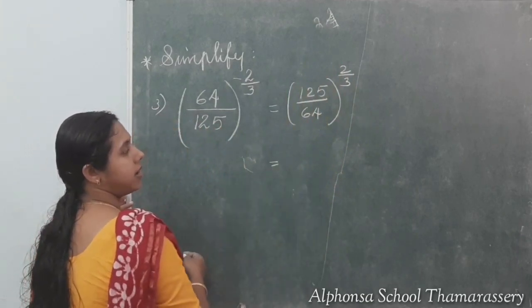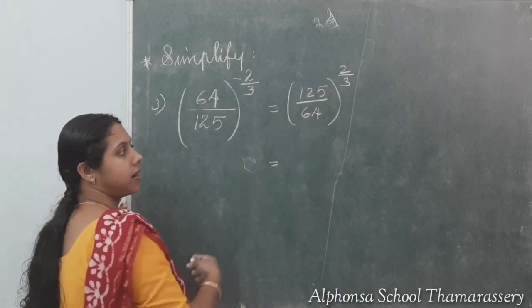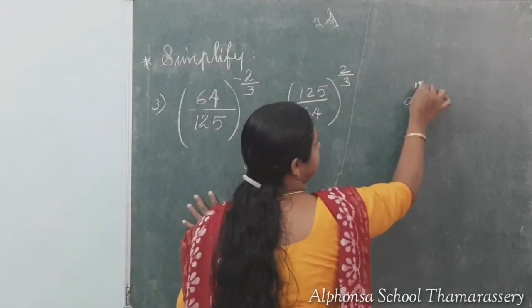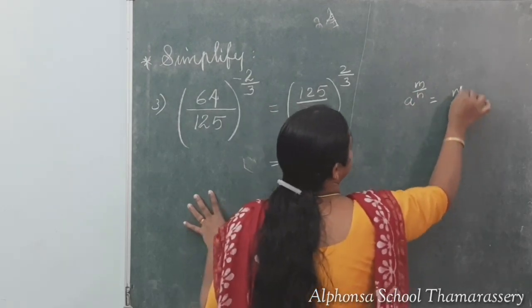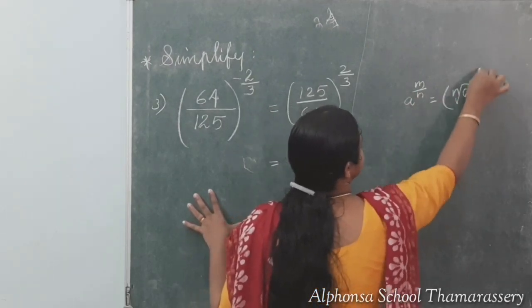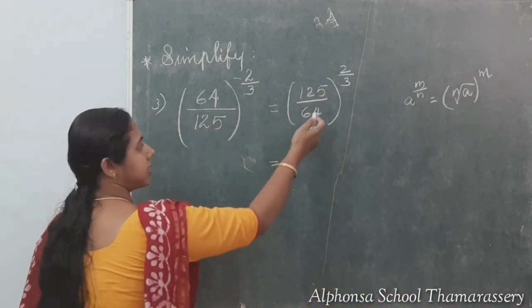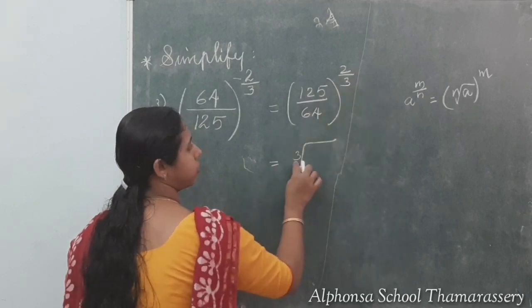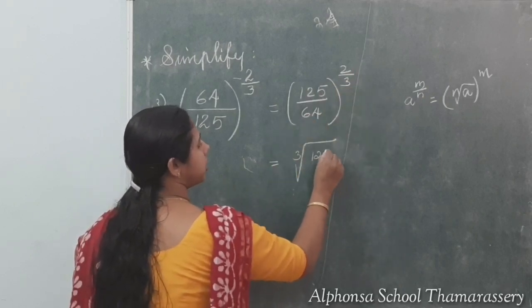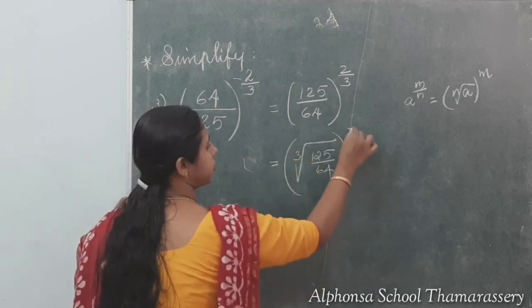Now we can see 2 by 3, a raised to m by n is equal to nth root of a whole raised to m. So we can write this as cube root of 125 by 64 whole raised to 2.